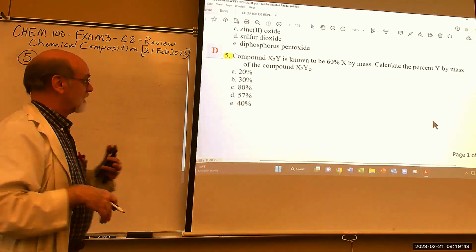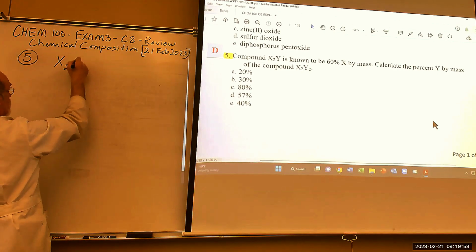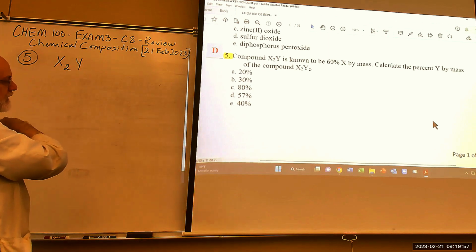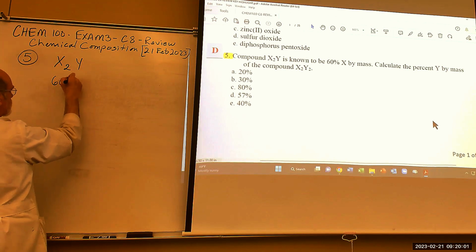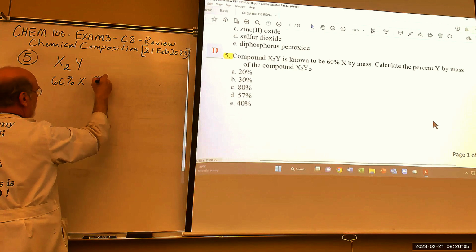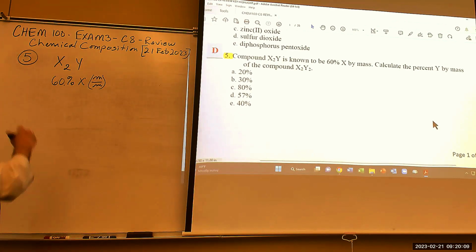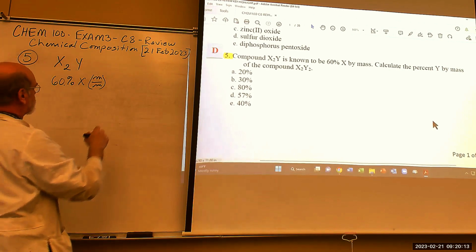We're just saying that the ratio of atoms in the molecule is for every 1 Y, you have 2 X's. And it's known to be 60% X by mass. Okay, we know that. What's the percent Y by mass of the compound here?